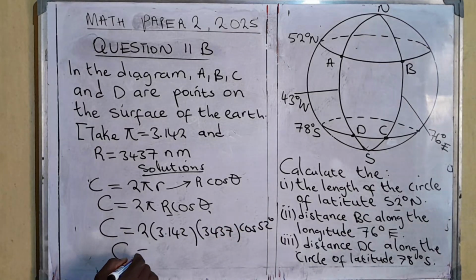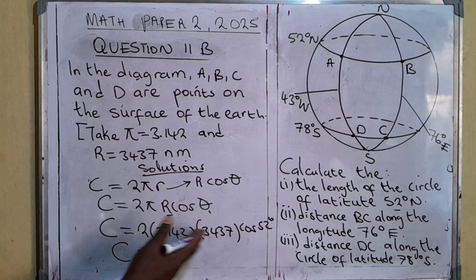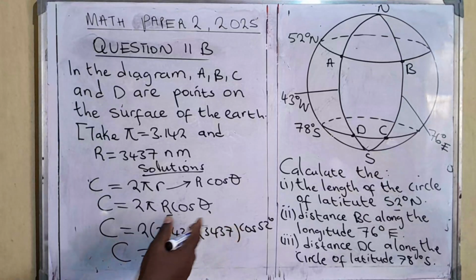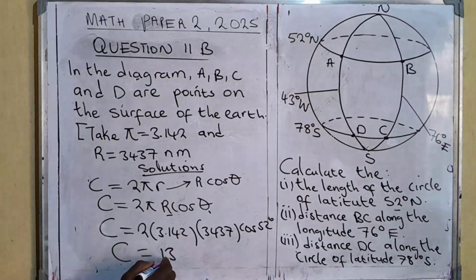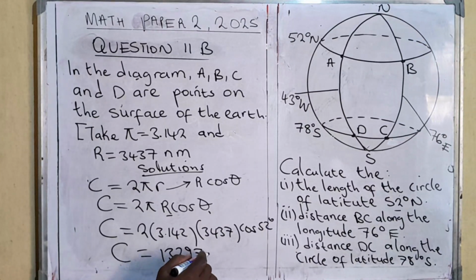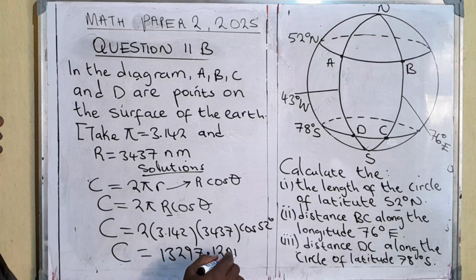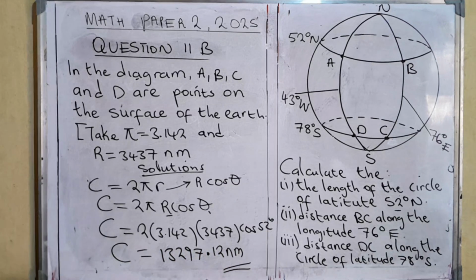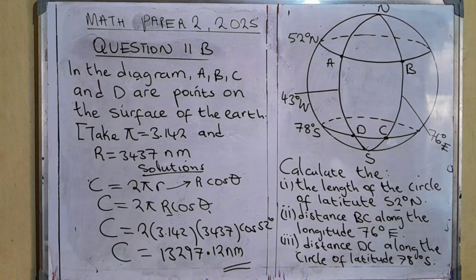You punch these on the calculator and the answer will be 1329.712 nautical miles. And just like that, we've solved the first question.